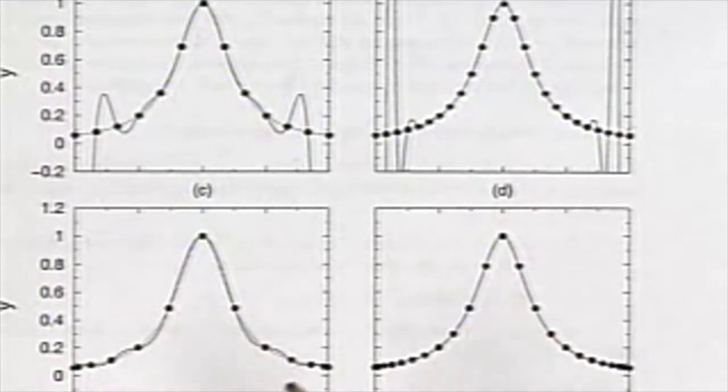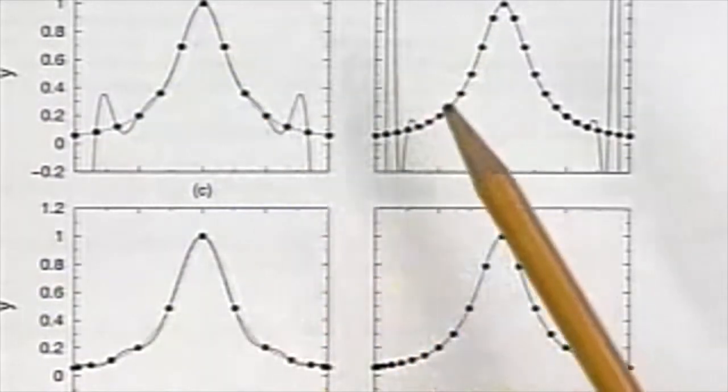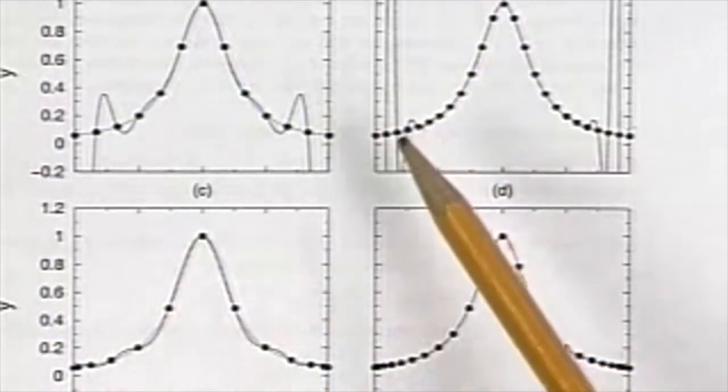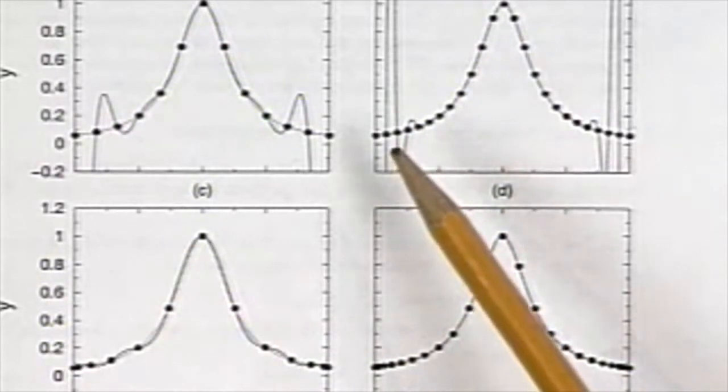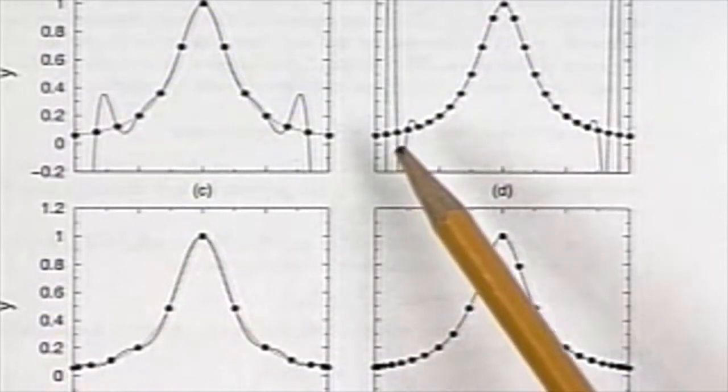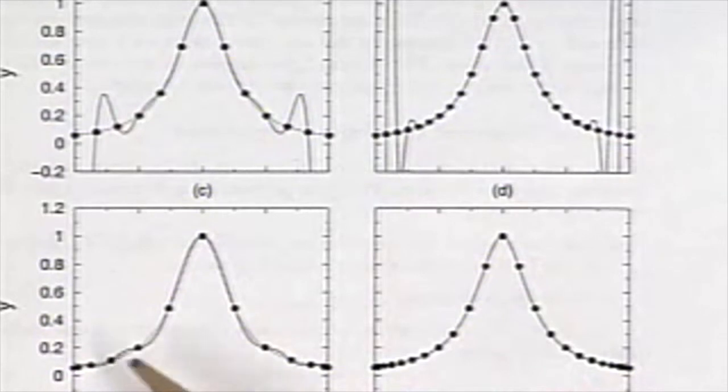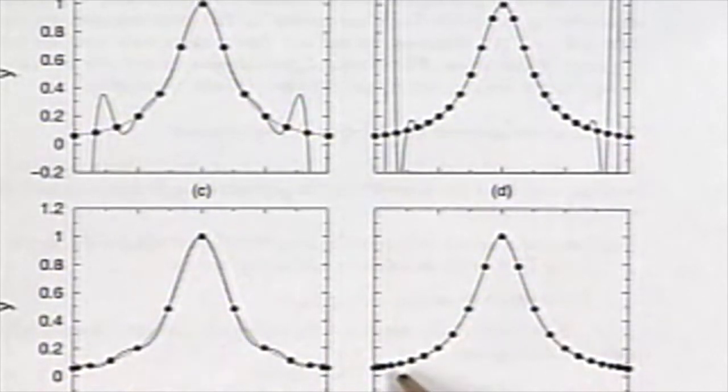And in fact, what's interesting is before, as we increased the resolution, what happened? Bigger and bigger and tighter wiggles. Here, as I increase the resolution, it smooths it completely out. So I get more and more accurate, which is exactly what you want.